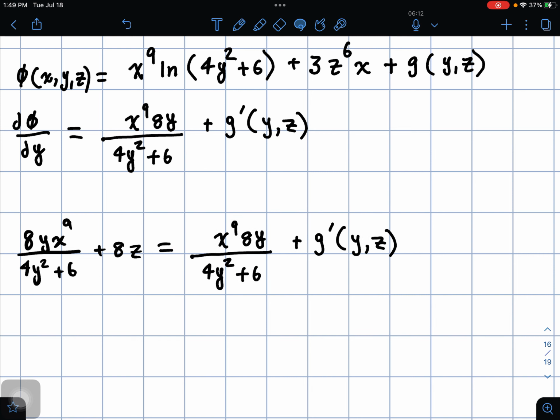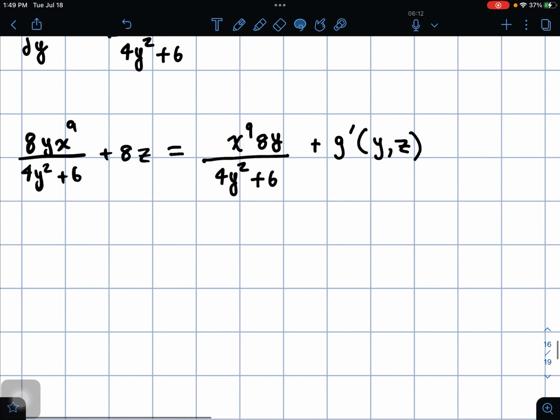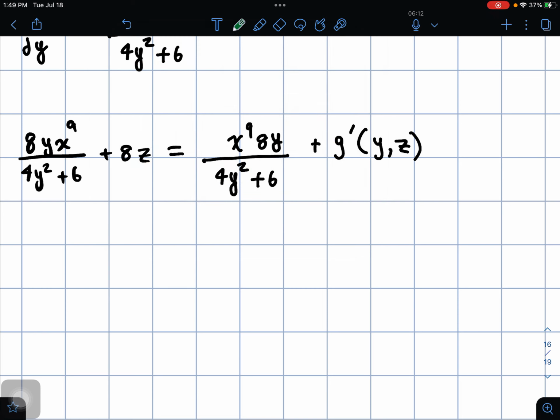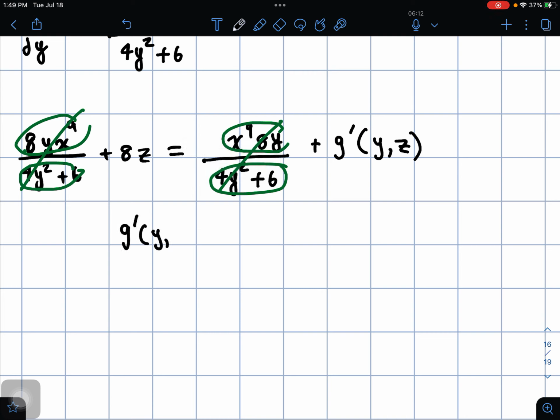Okay, so we can see that this thing right here and this thing is the same, this thing right here and this thing is the same, so we cross that out, and we get that our g prime at y comma z is equal to 8z.